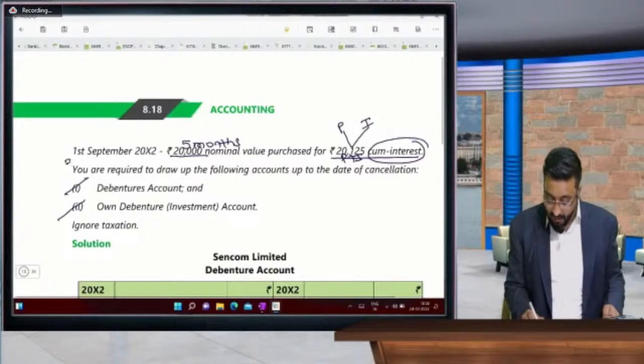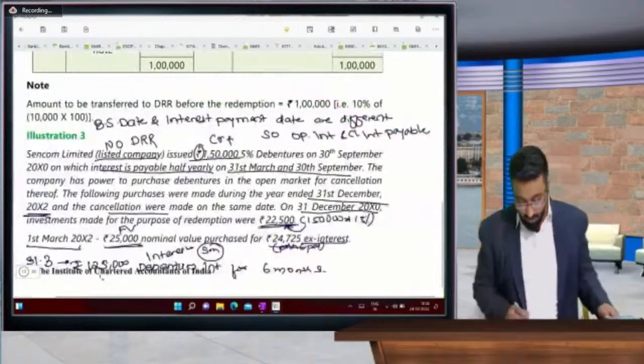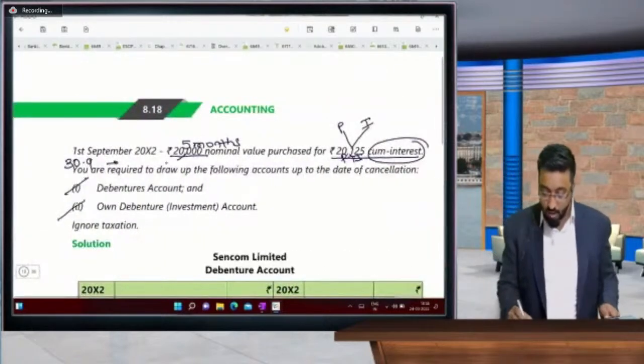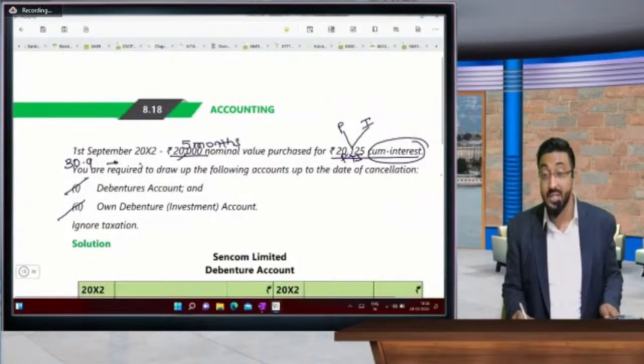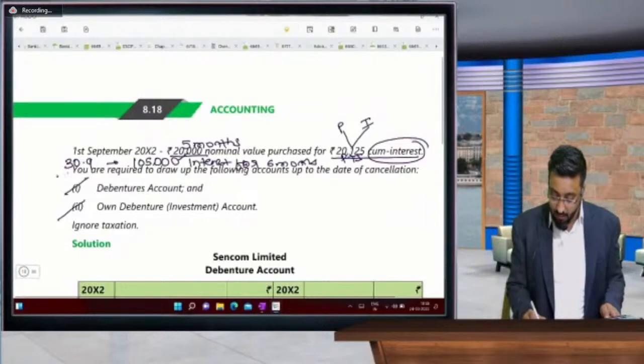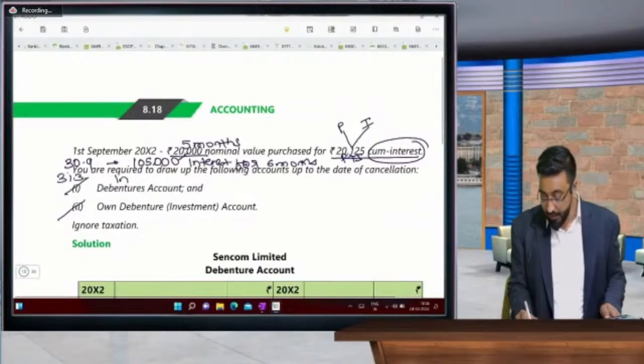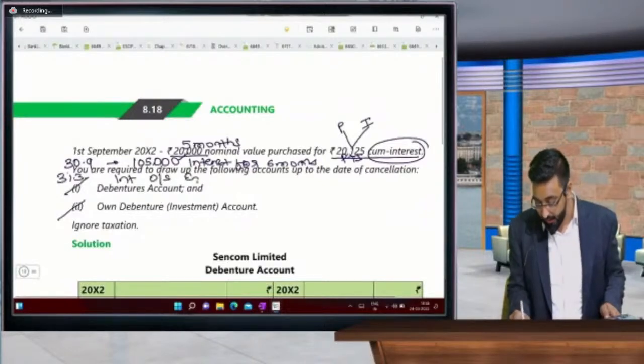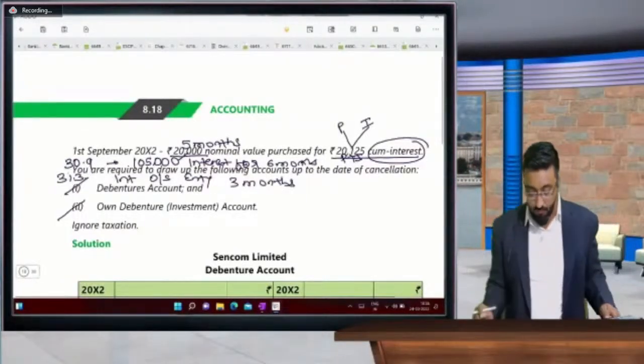Next, 30th September is the interest payment date. 125 minus 20. Interest is always paid on face value, so on 30th September you pay interest for 6 months. After that, on 31st March, interest outstanding entry for 3 months.